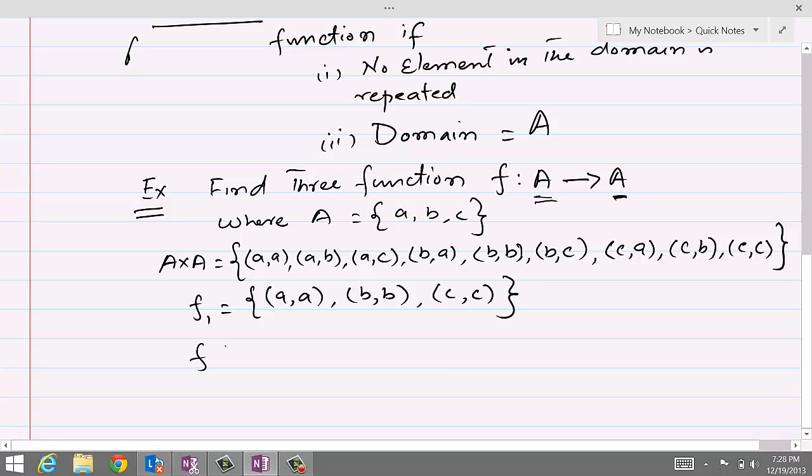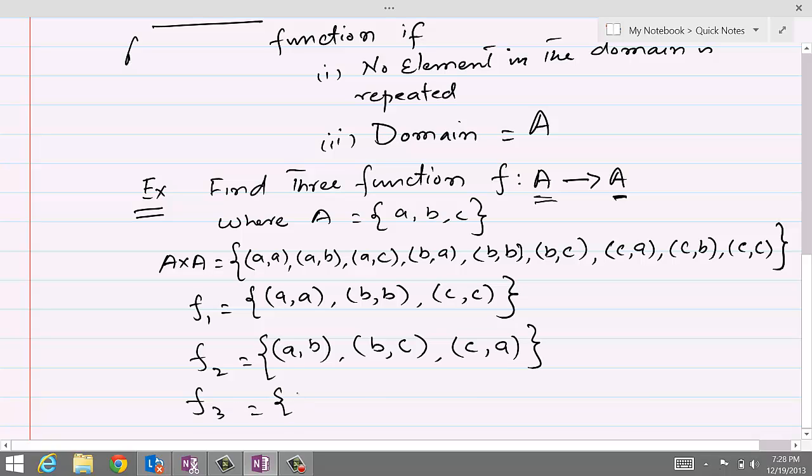Another one will be F2. This will be equal to (a,b), (b,c), and (c,a). And F3 we can take as (a,c), (b,a), and (c,c).